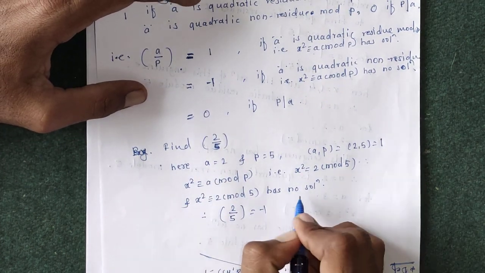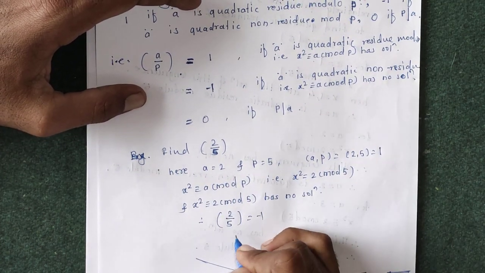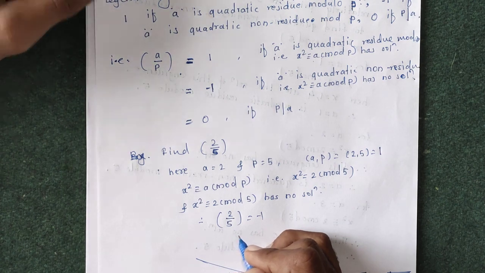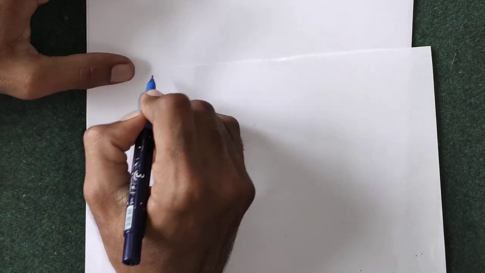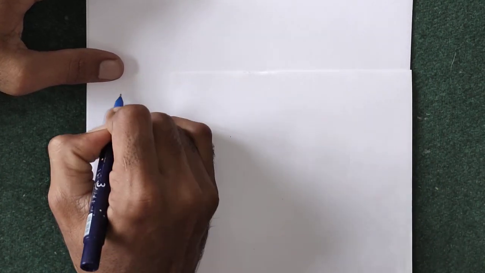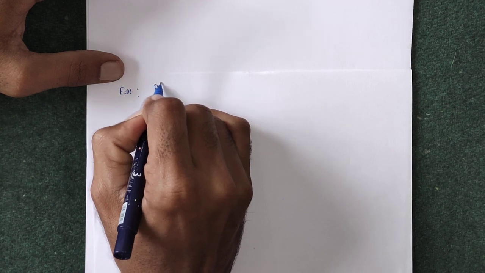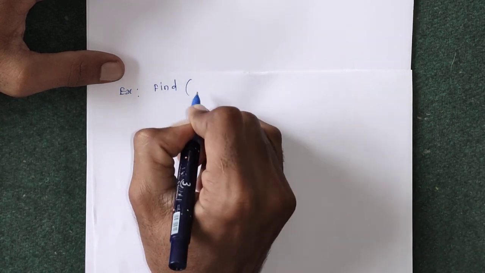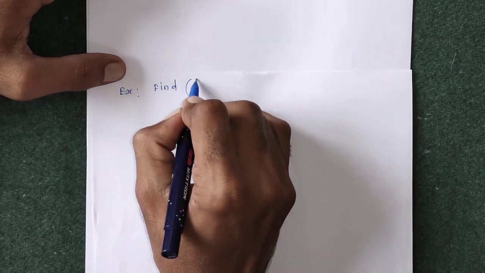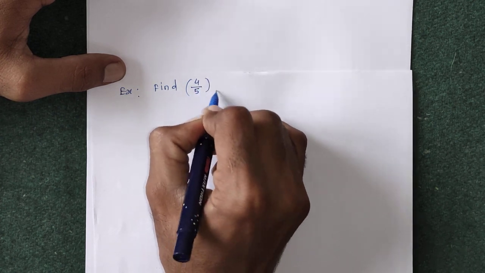Similarly, we are going to find the Legendre symbol in the next example. The next example is: find the Legendre symbol of 4 and 5.